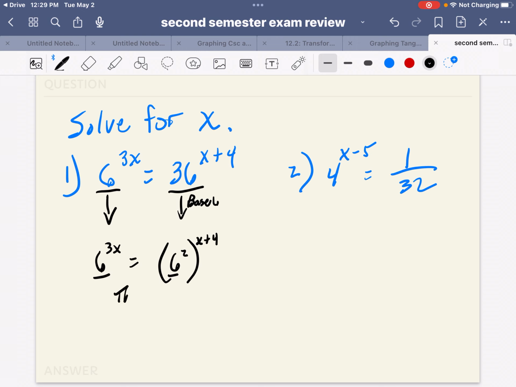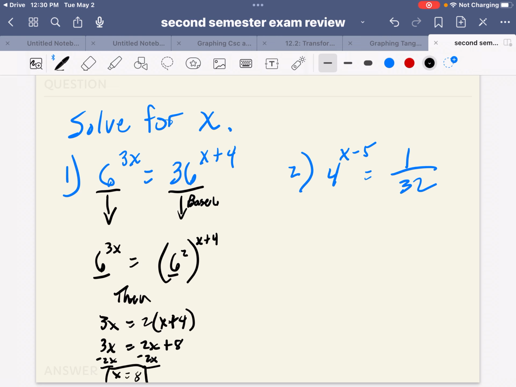So now I can say 3x must equal 2 times x plus 4. Once I have the same base on both sides, I can just disregard the bases and set the exponents equal to each other. So that would be 3x equals 2x plus 8. And if I subtract 2x from both sides, it looks like I get x equals 8 would be the solution to this equation.